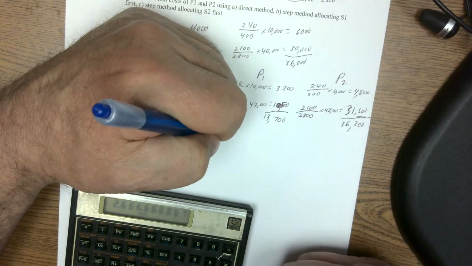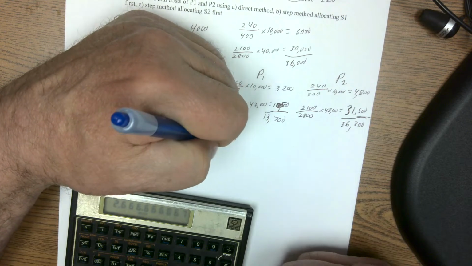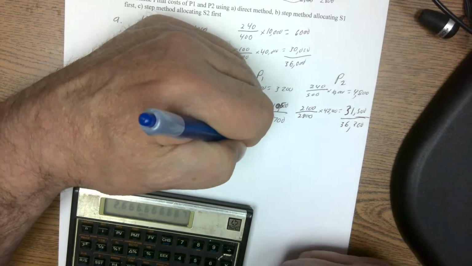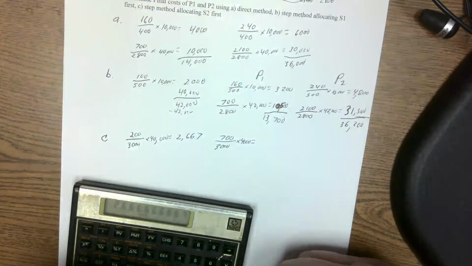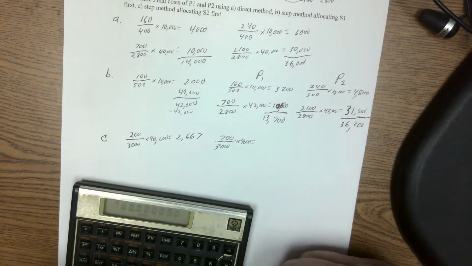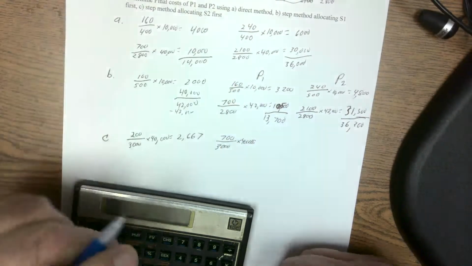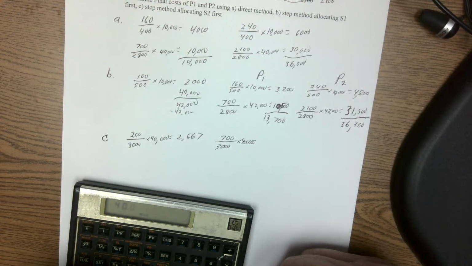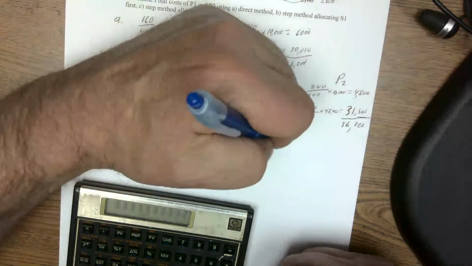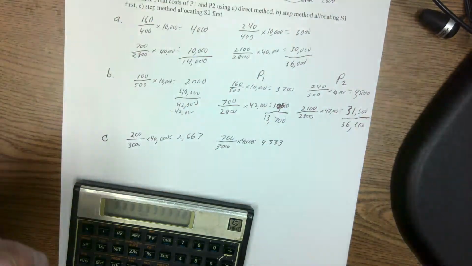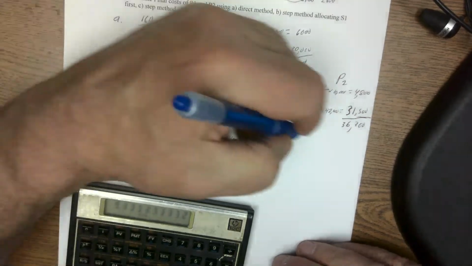And so this one is going to be the 700 divided by 3,000 times 40,000. And that's 9,333. I'm just rounding to the nearest dollar here.